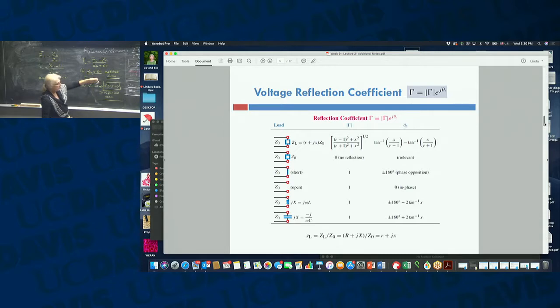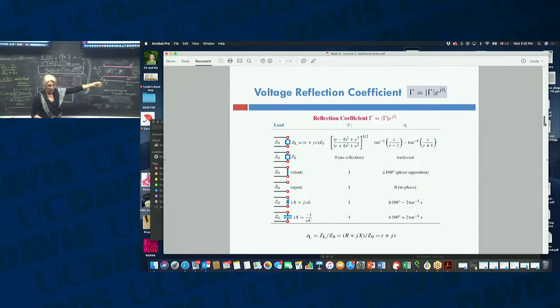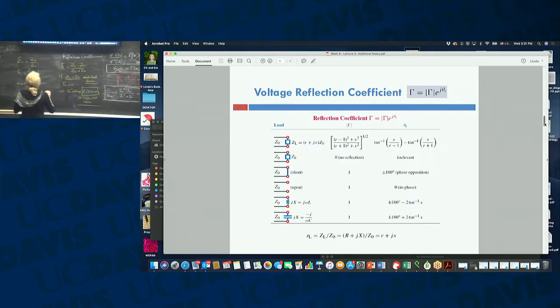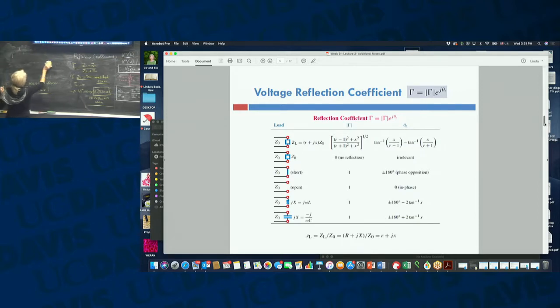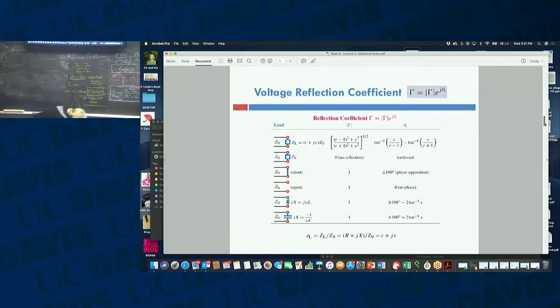We'll start playing with very fundamental loads, like a short and an open, a capacitive or an inductive. Let's see what happens when these different loads are at the end.